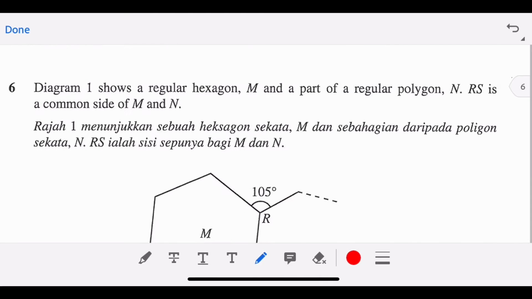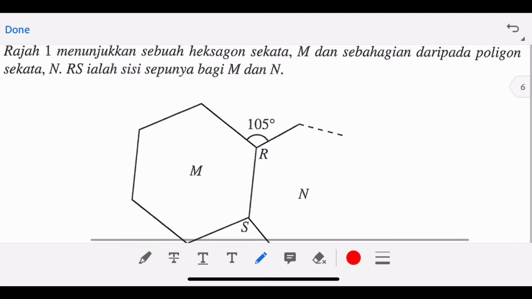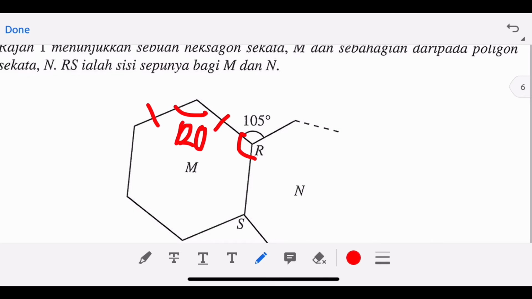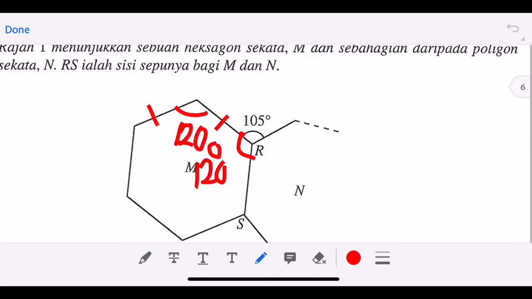Alright, so we will label the angle first. It's a regular hexagon, so please take note, a regular hexagon. So the interior angle is 120 for each one. They are equal sides, regular, so the angle will be the same for all the interior angles.